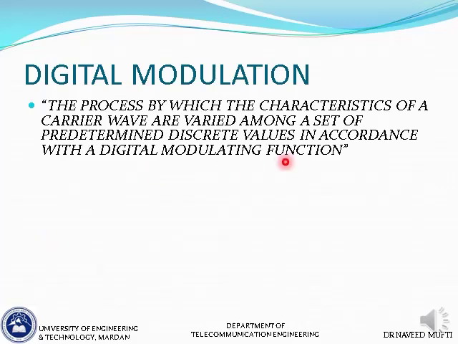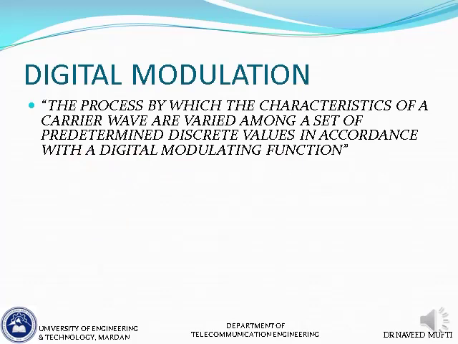You must remember that in digital communication, at every stage we have a predetermined, finite set of discrete values, and whatever that block of the digital communication system is, it is selecting one of them. So we will vary characteristics of a carrier wave, but that variation will not be random. One of the discrete values will have to be picked in accordance with the modulating signal, or the message or information signal, which will be digital.